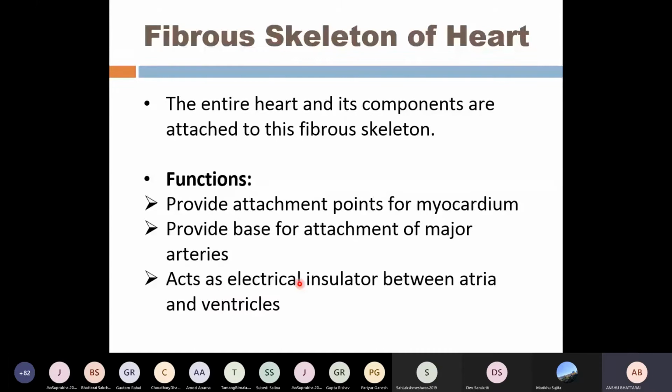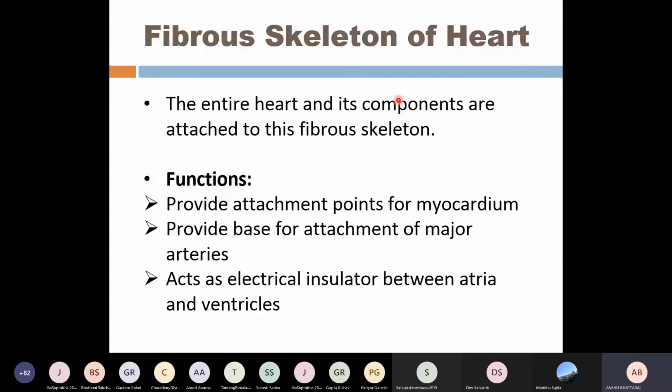I was talking about how the myocardium of atria and ventricles are not continuous with each other, but there is a fibrous layer present. This is the fibrous part of the fibrous skeleton of the heart. And this is very important. The atrial cells and the ventricular cells should not be continuous with each other for the proper conduction of impulse.